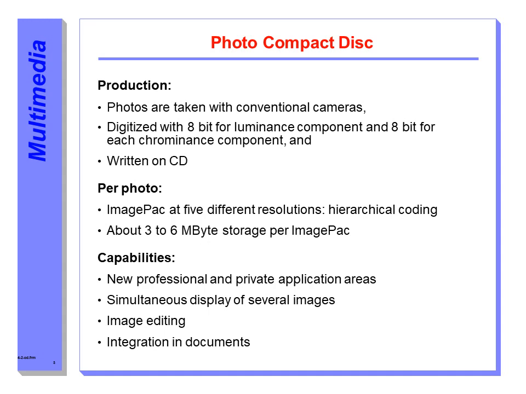This coding in multiple resolutions is analogous to the idea of hierarchical coding of images in JPEG. Each image pack usually requires 3 to 6 megabytes of storage depending on the image complexity. The integration of photos with digital computer and television technology enables many new professional and consumer applications.